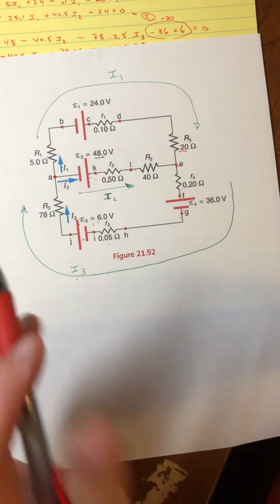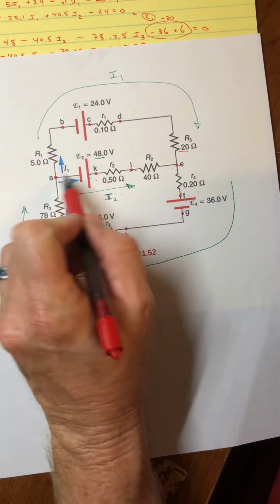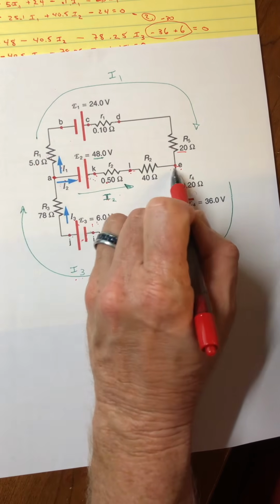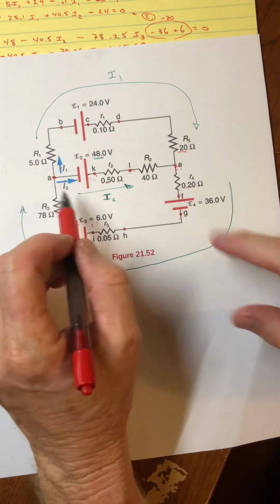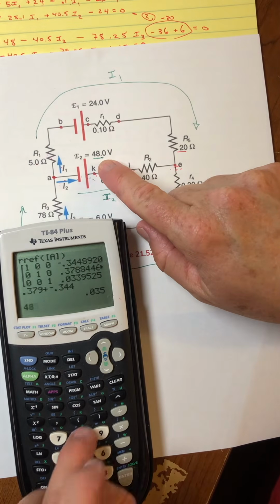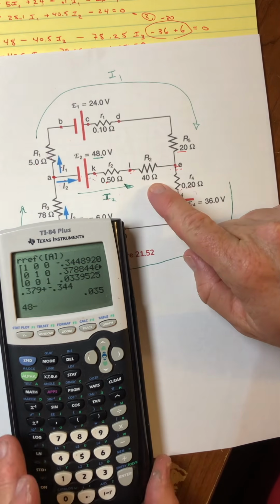You might do something like this: going from A to E, so from A to K to L to E, there would be a change of voltage. And we could probably figure that out really well, because there would be an increase, say, of 48, but we're going with the current, so there would be a decrease.